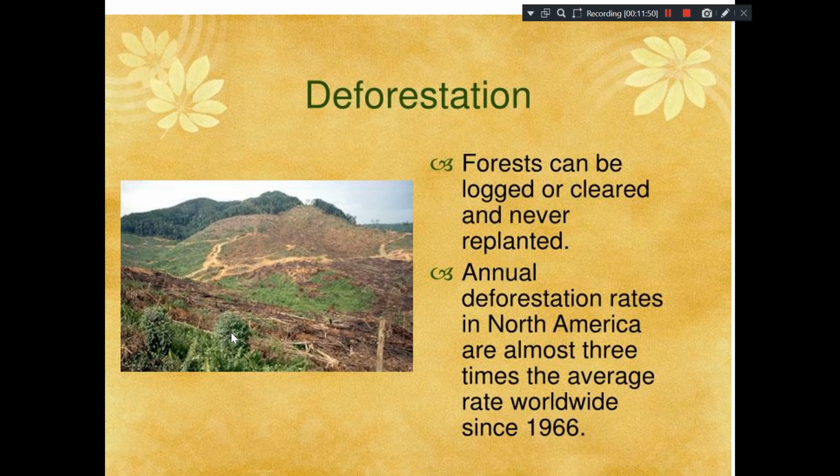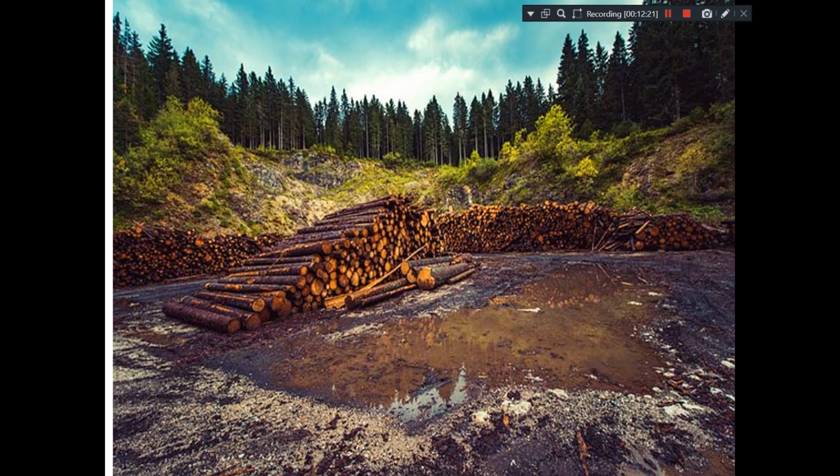This is a photograph which will tell you about deforestation. See, this is adjacent to a forest. Earlier this was also a forest area, but unfortunately for various reasons it has been logged or cleared and never replanted, and this will cause a severe threat. Even in India, fortunately, forest area is now increasing, but in many other countries forest area is decreasing. See, the logging of the forest will certainly affect diversity. Don't think that only the trees have been cut.